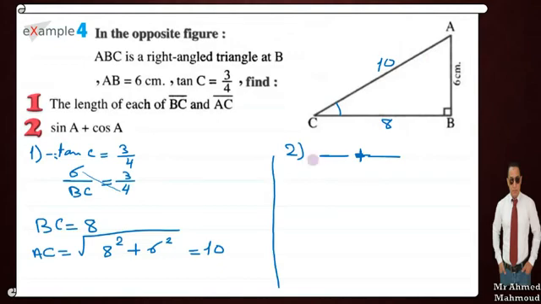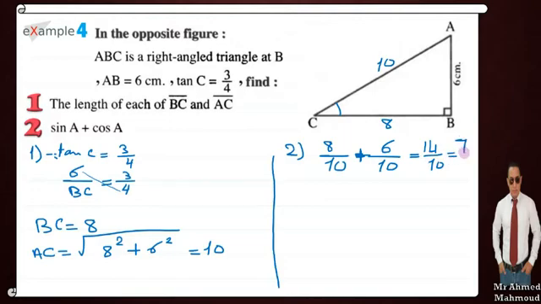Sine A is opposite over hypotenuse, 8 over 10, plus cosine A, 6 over 10, which is adjacent over hypotenuse, which equals 14 over 10.